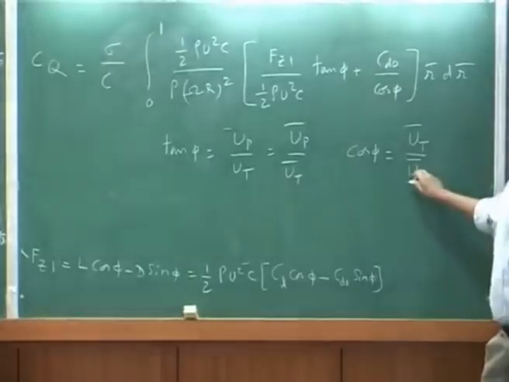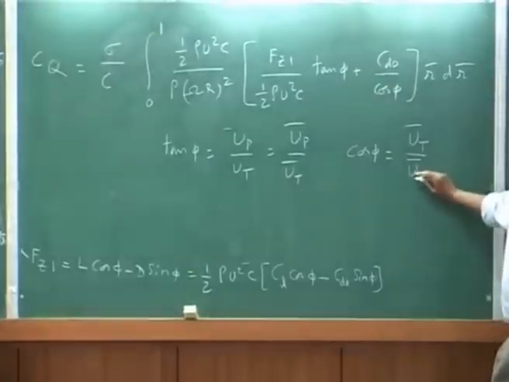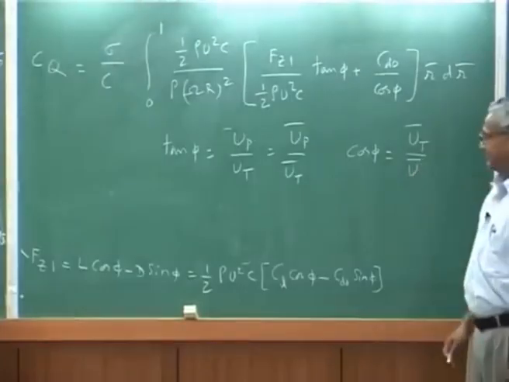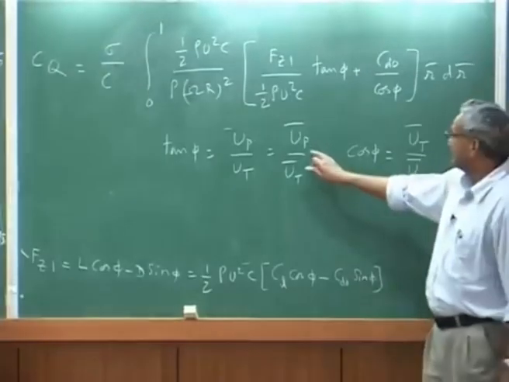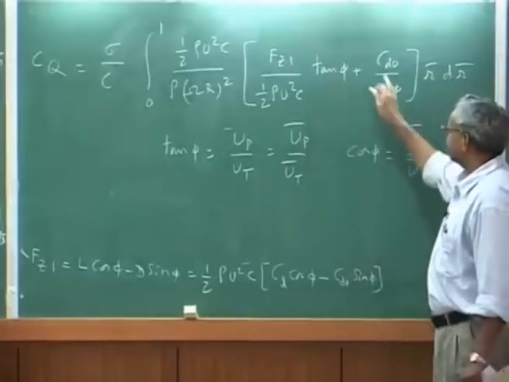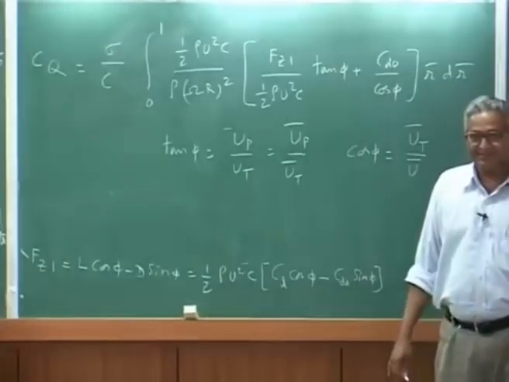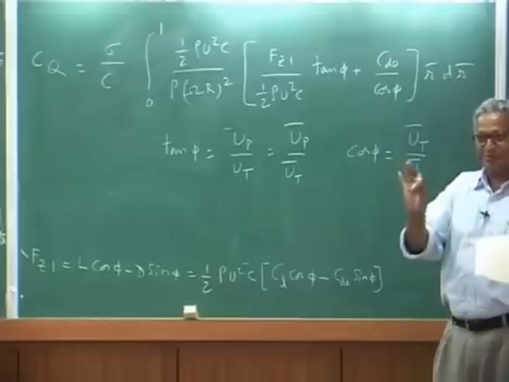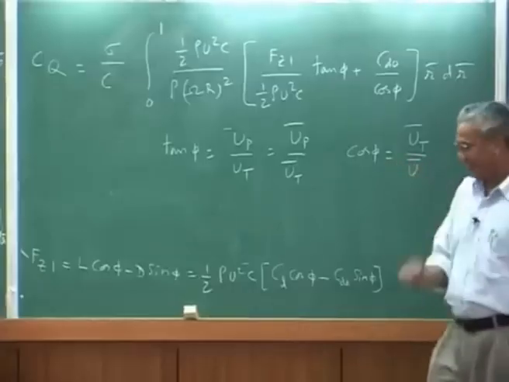This is the total velocity u bar. You can directly substitute it here, and it will be kept in one particular form.